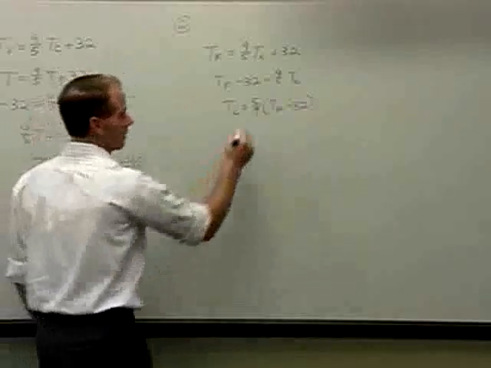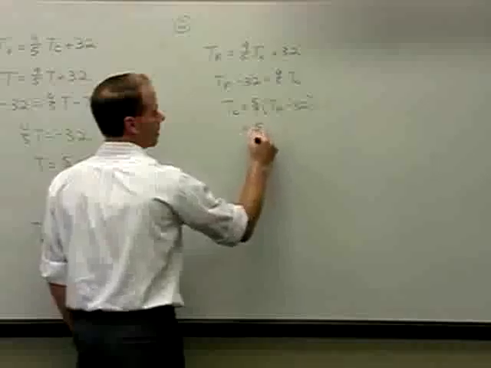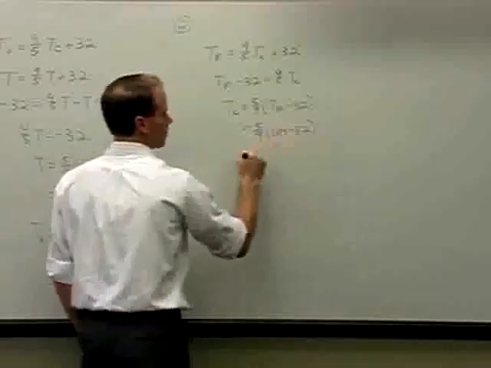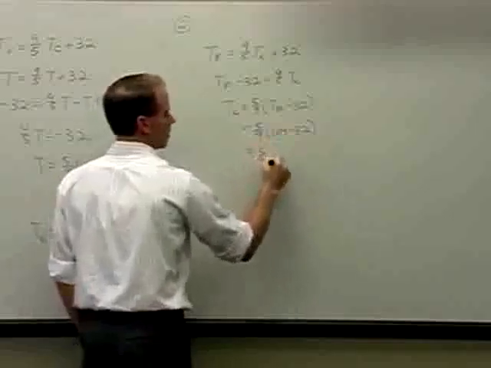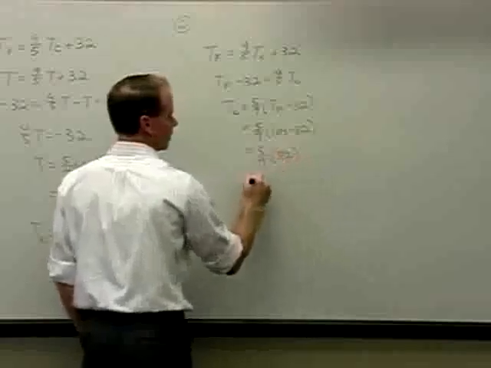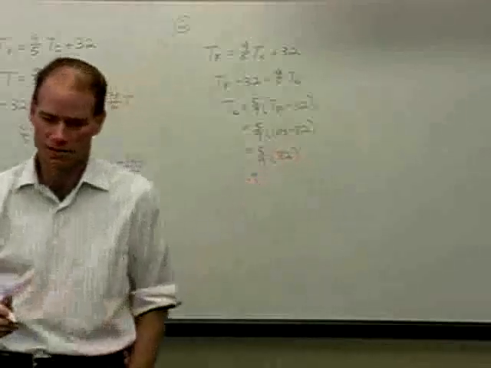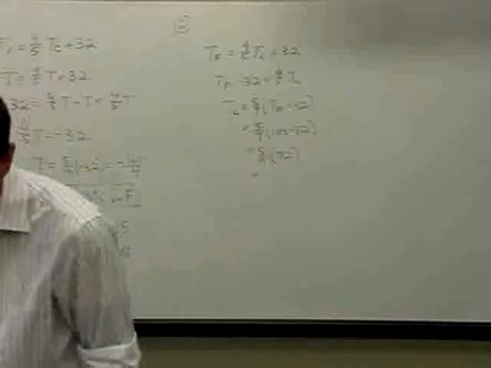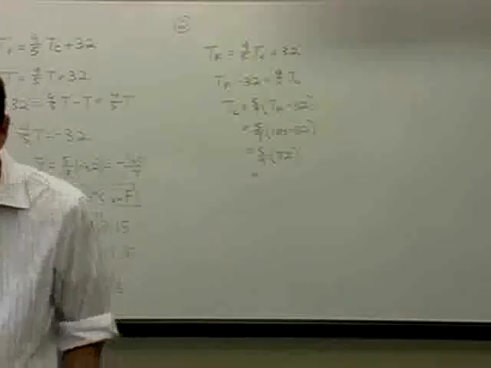So let's put that in. This would be 5/9 times 72, and that comes out to be 40 degrees.